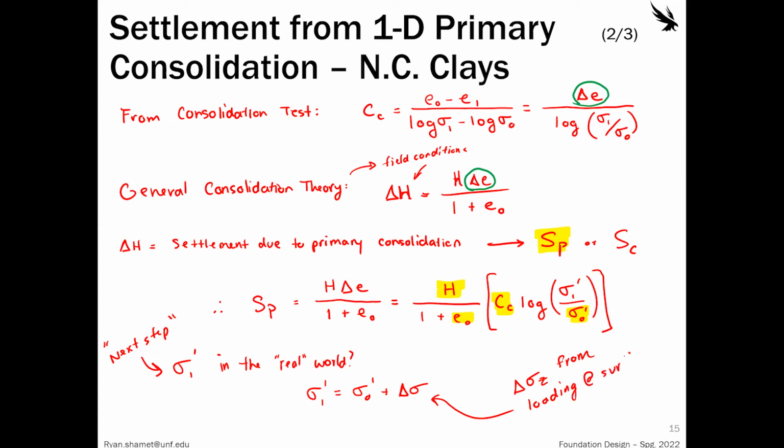And this is what we went over last week and also in Geotech 1. So that's why that delta sigma Z is important. That change in vertical effective stress is important because if we have that as well, then we can find our next step stress and feed that into our primary consolidation equation.